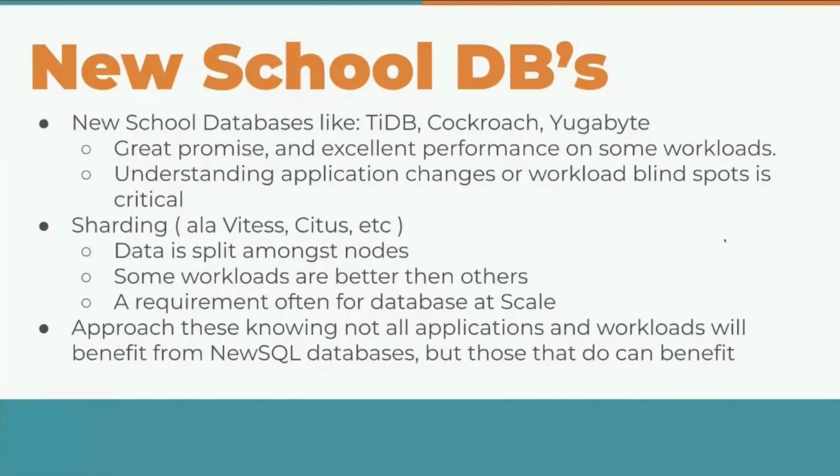Similarly, you might see systems like Vitess or Citus that provide sharding for your systems, which is also another way to scale and boost the performance. And again, with a sharded workload, some queries, some systems, some applications, some workloads are not necessarily going to perform faster. They could actually be worse.